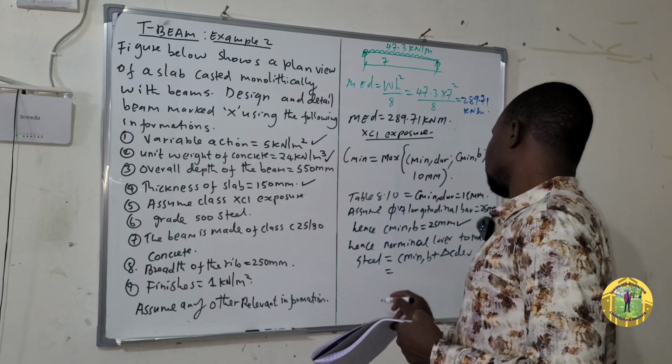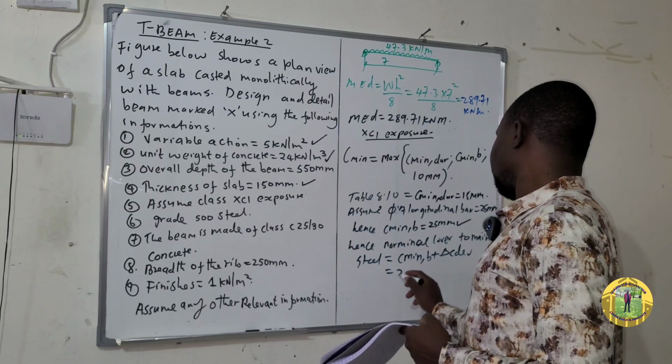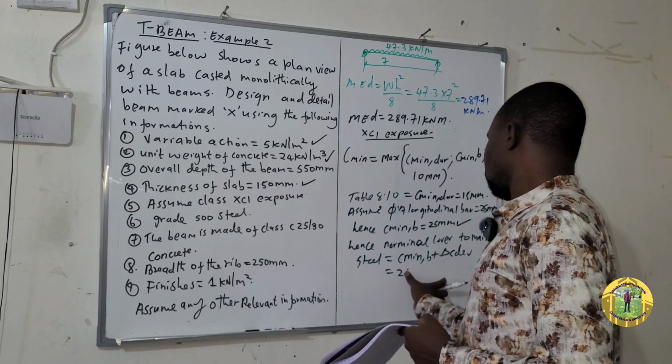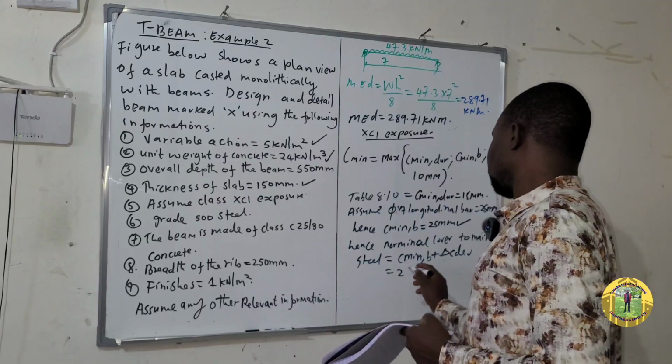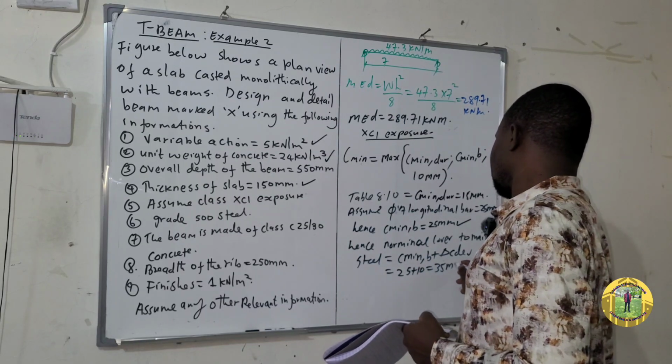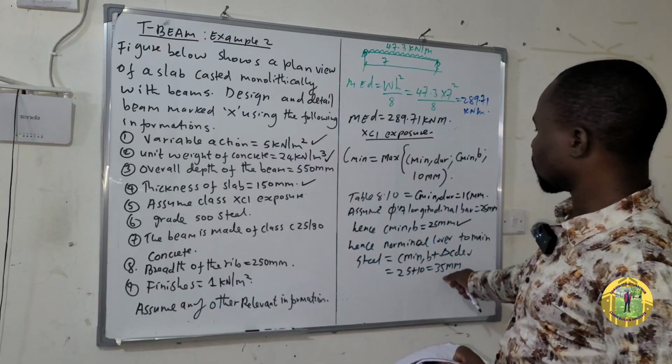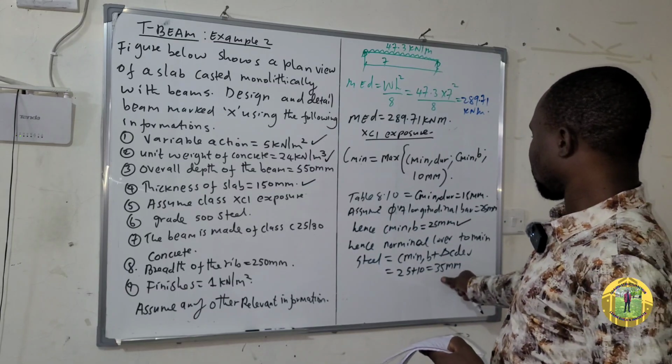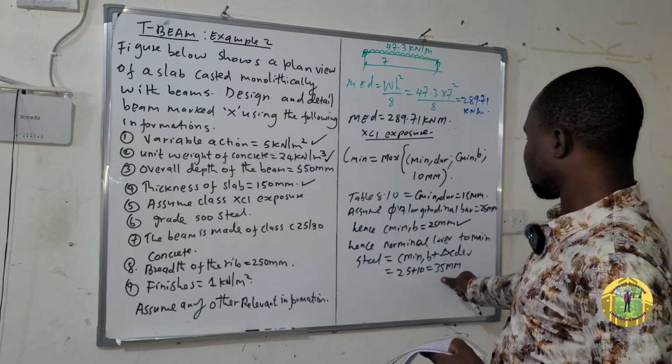So this one is equal to 25 plus 10, which is equal to 35 millimeter. Remember, this 35 is to main steel.